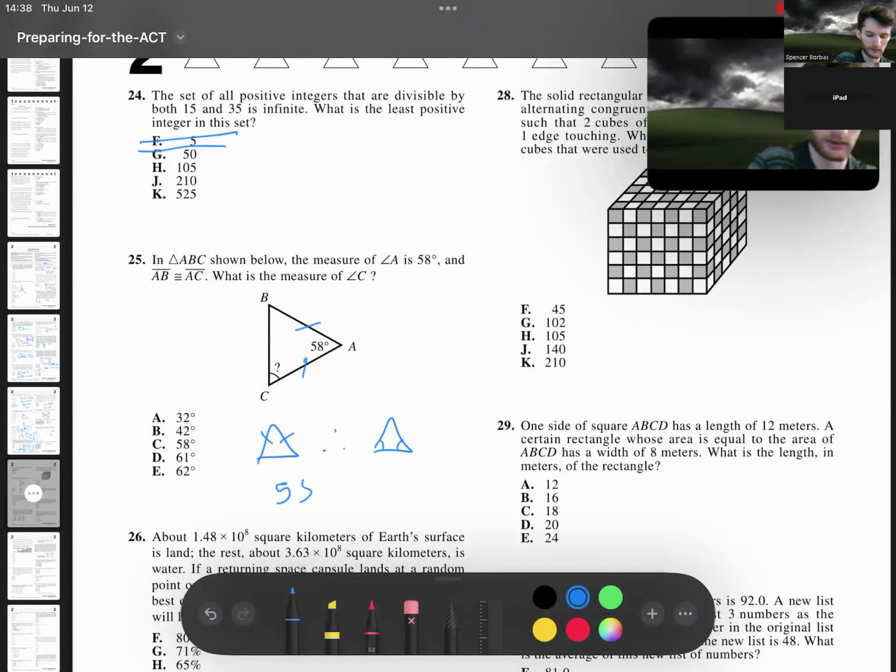So 58 plus 2x equals 180. 180 minus 58 is 122, divided by 2 is 61, which is D.